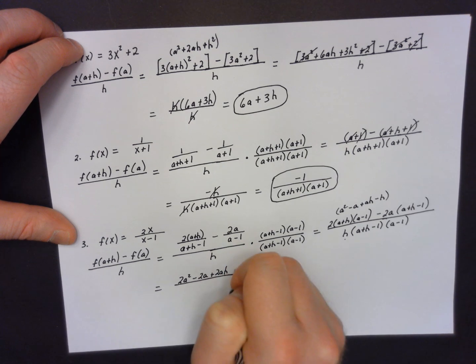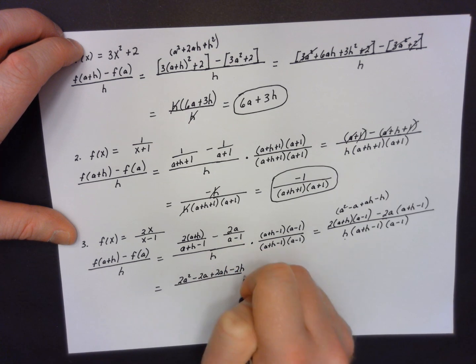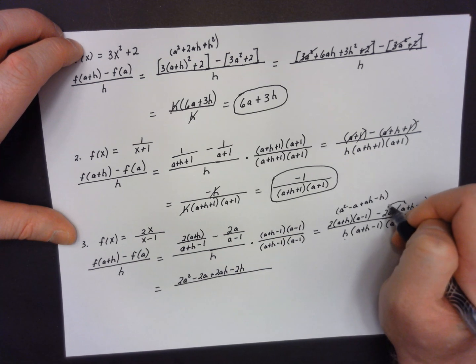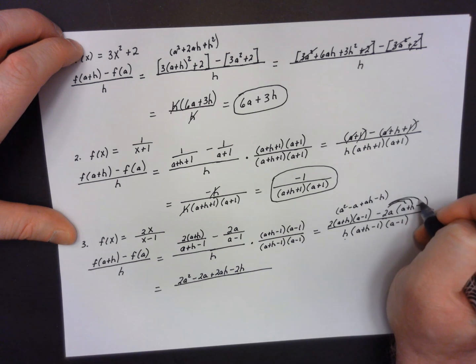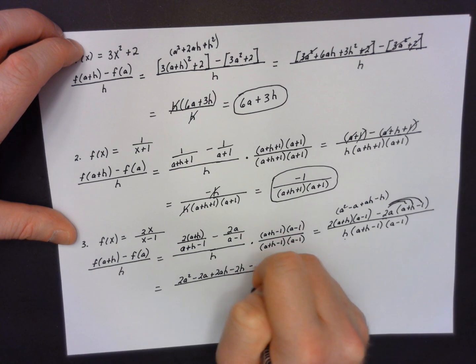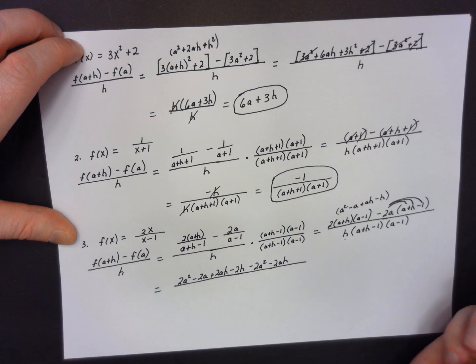When I distribute the minus 2a times every term in this group here, I'll have minus 2a squared, and I'll have minus 2ah, and I'll have plus 2a. Now this brings up an important point I forgot to mention earlier.